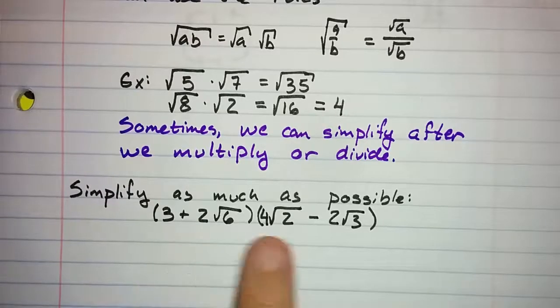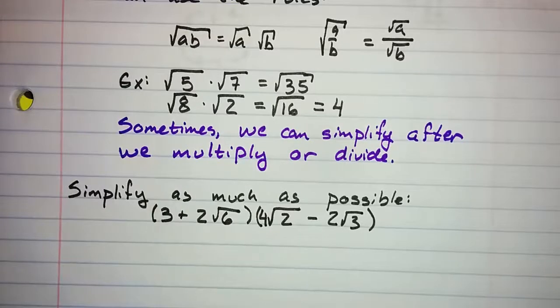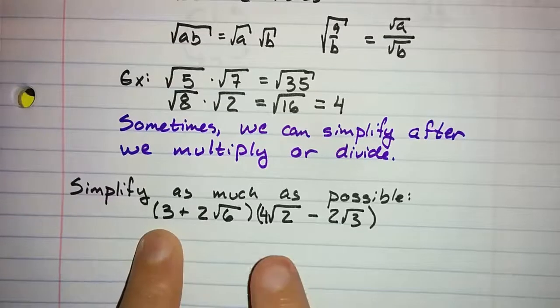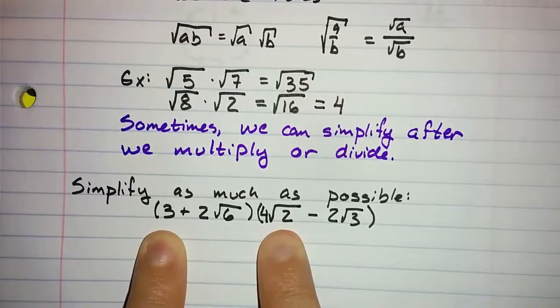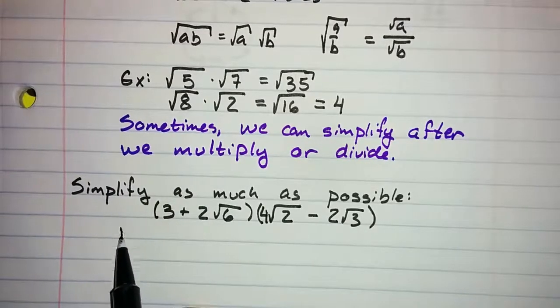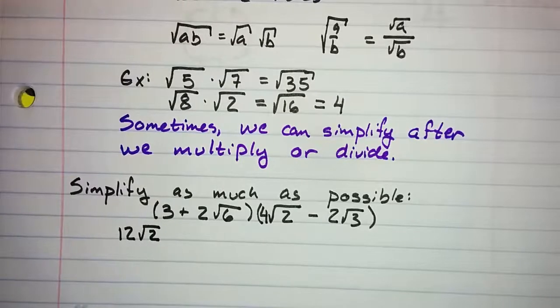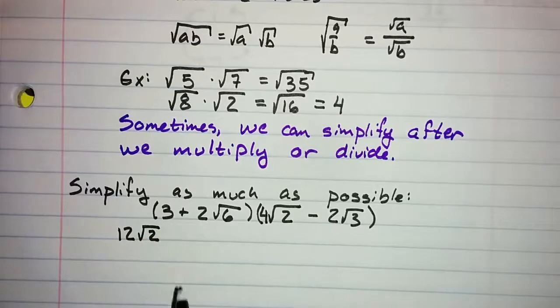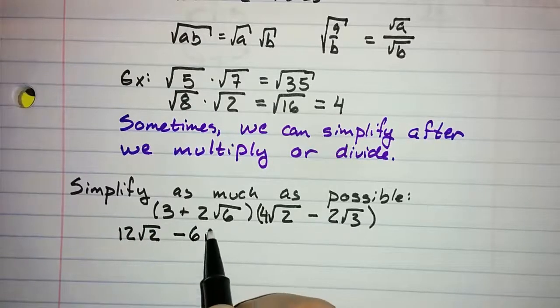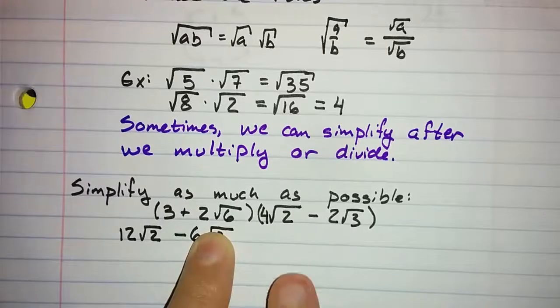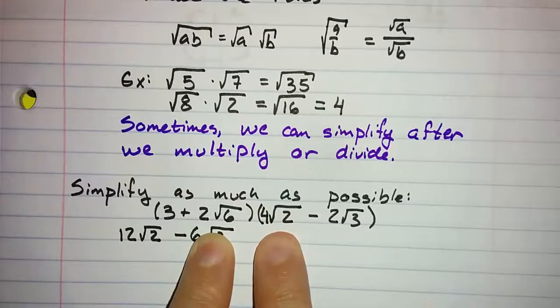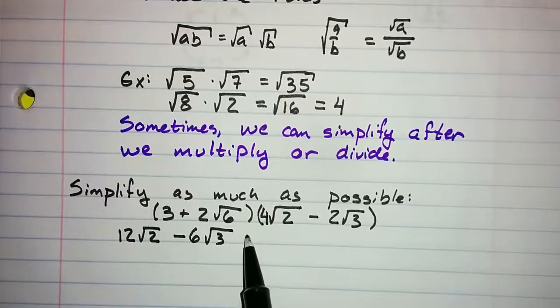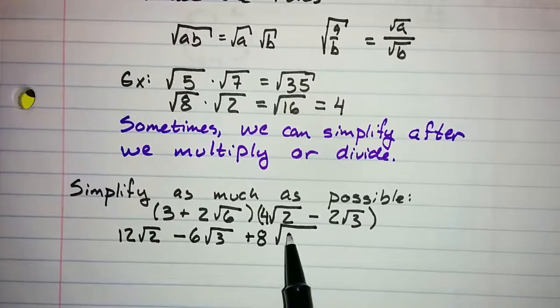So, since I can't combine anything here, I'm just going to multiply this as if it were two binomials. 3 times 4 root 2, that'll be 12 root 2. 3 times negative 2 root 3, that'll be minus 6 root 3. 2 root 6 times 4 root 2, that'll be 2 times 4 is 8, root 6 times 2.